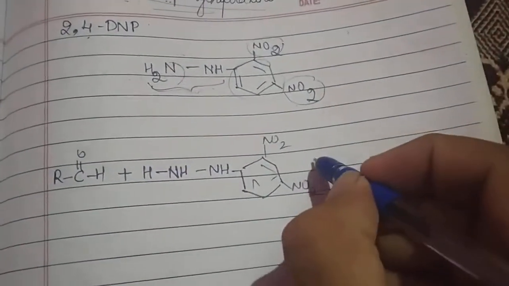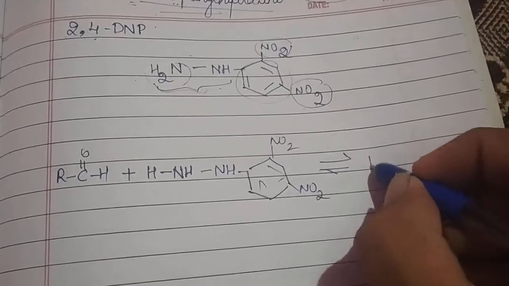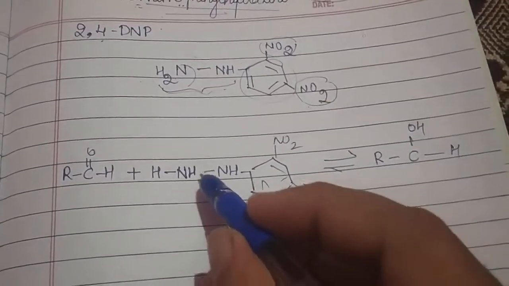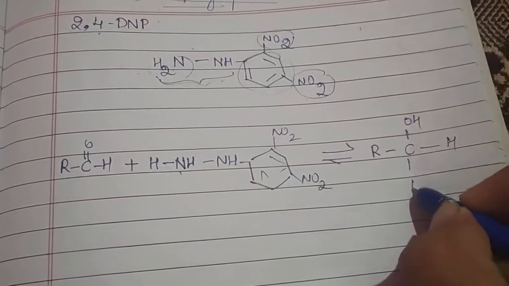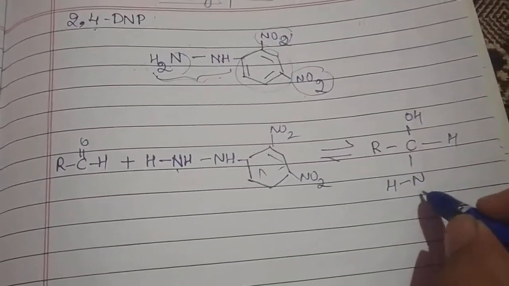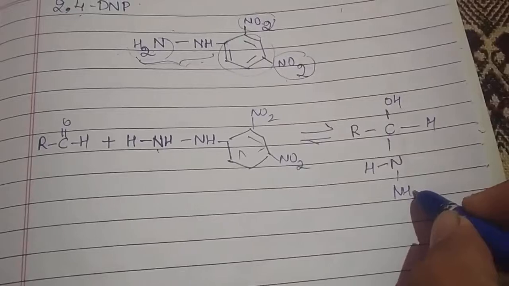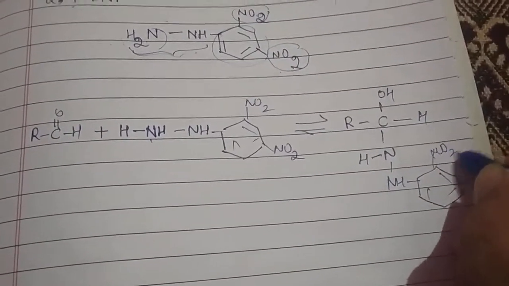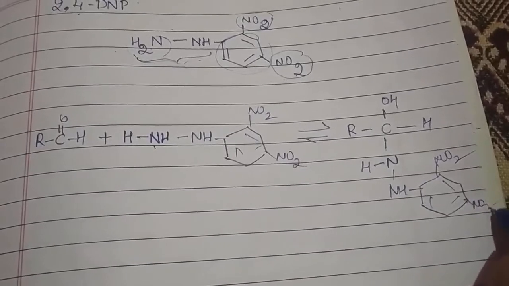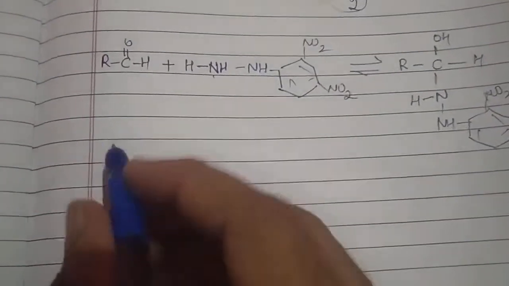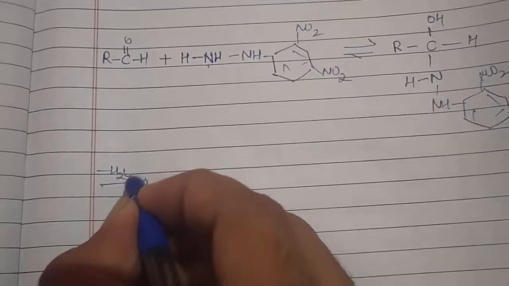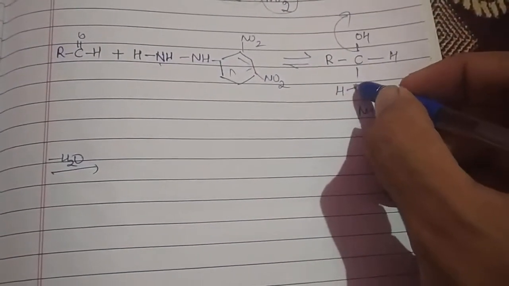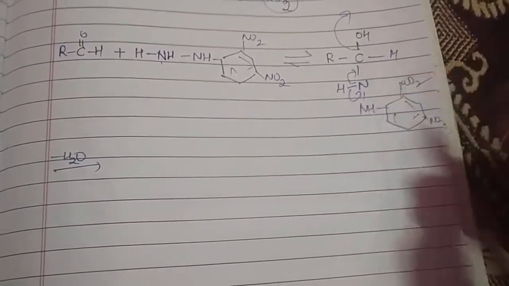So first it will be in equilibrium. So what will we be getting? RCOH and a H. The remaining N should attack, so NH, and as usual NH, then here comes your NO2, here comes my NO2. So finally by dehydration, that is by removing the water from this intermediate, this is going out, utilizing the lone pair, so now this will be coming over here.